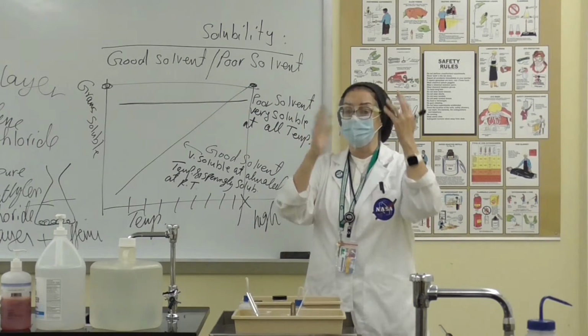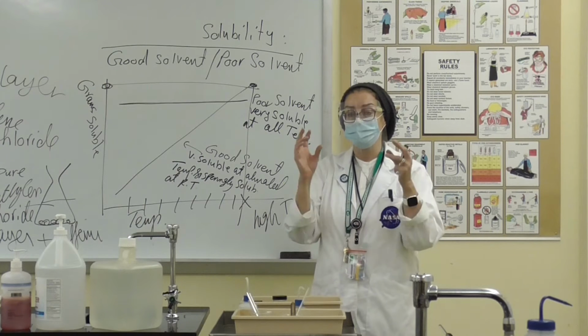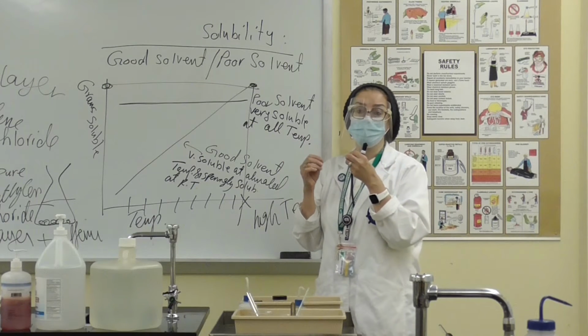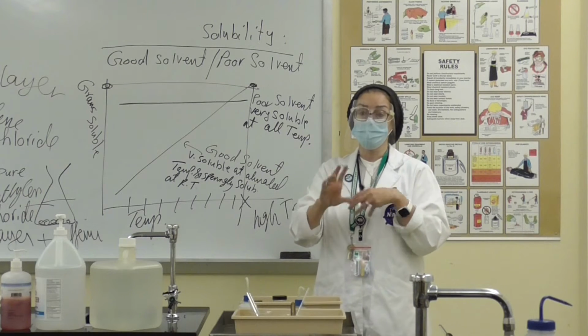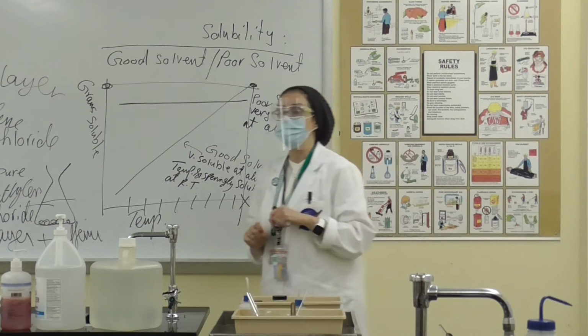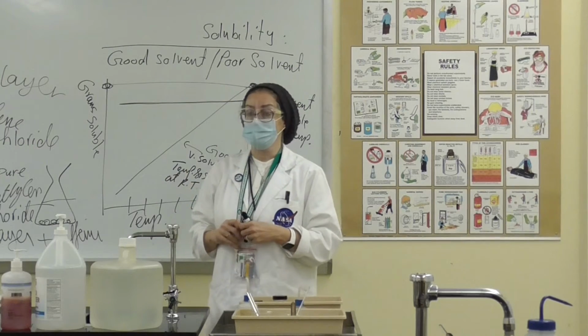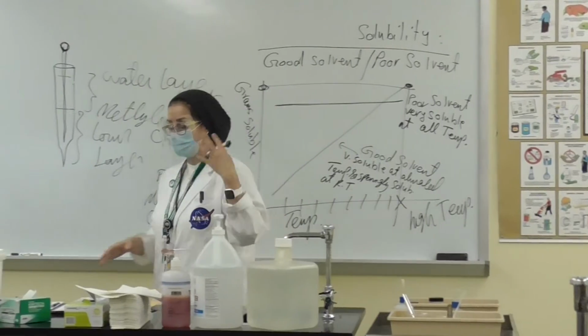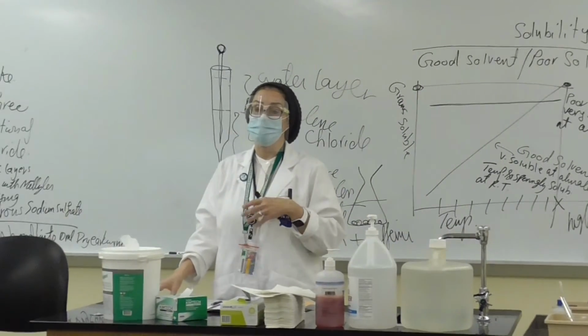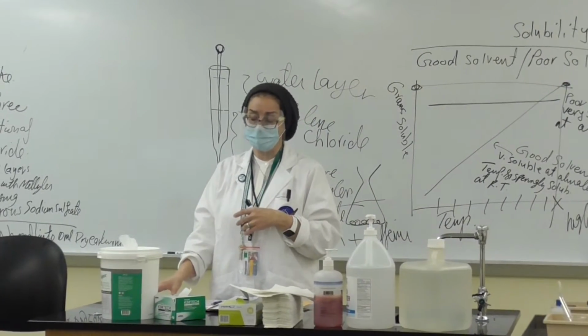Then we re-cool it again. It is going to bring out only the solid of the required chemical, leaving all the impurities in the solution. So this is the purpose behind solubility and crystallization.